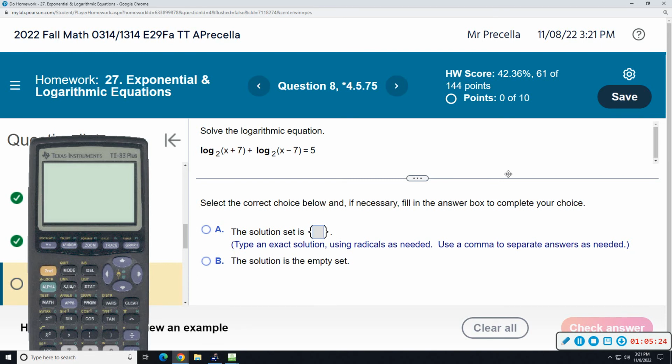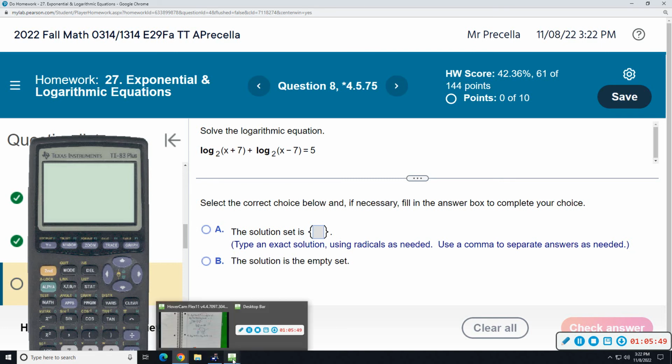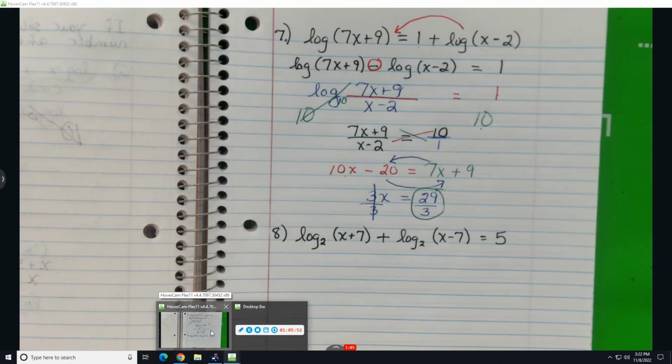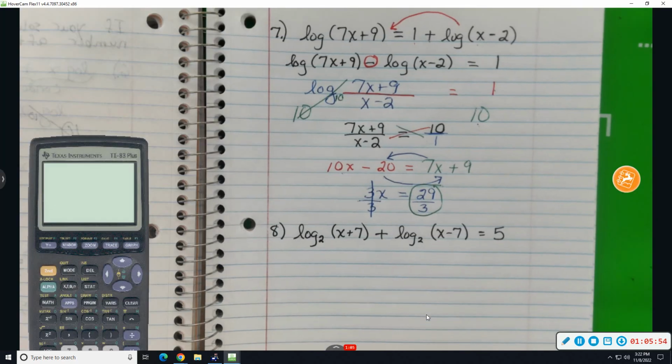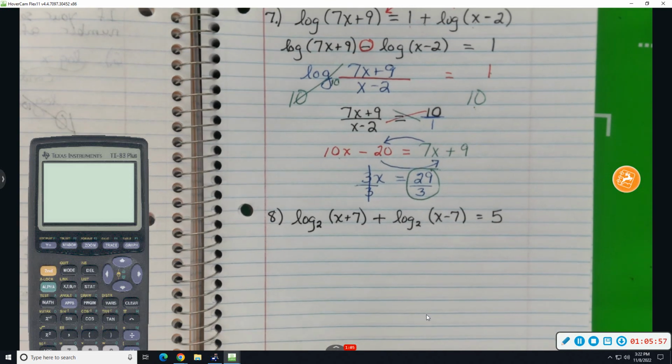Log base 2 of x plus 7, plus log base 2 of x minus 7, equals 5.